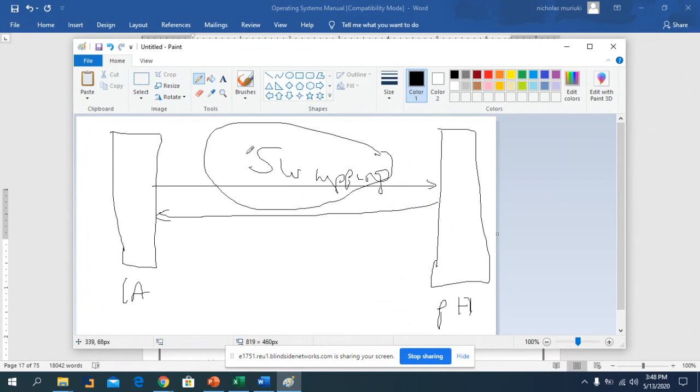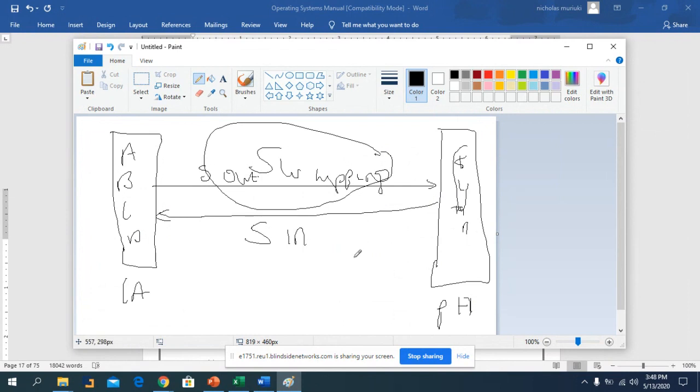If you have A, B, C, D here, and another one, maybe K, L, M, N, still waiting to be executed, the moment we are swapping, we move from physical to here, swapping in. But this one, we are swapping out the memory.